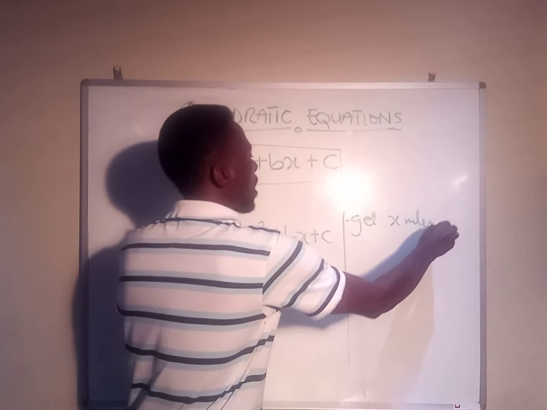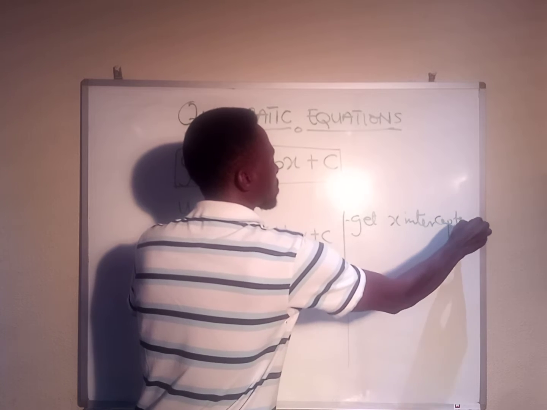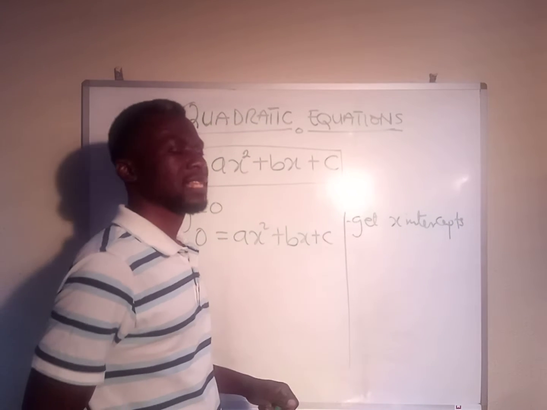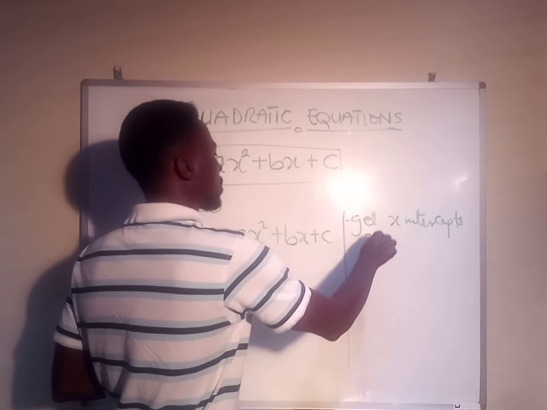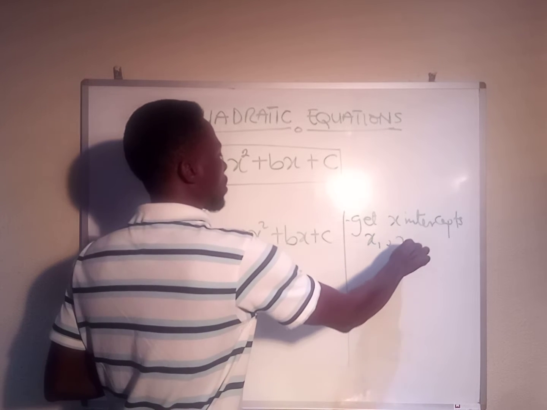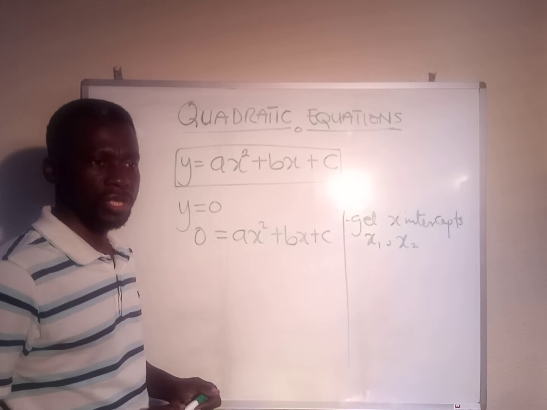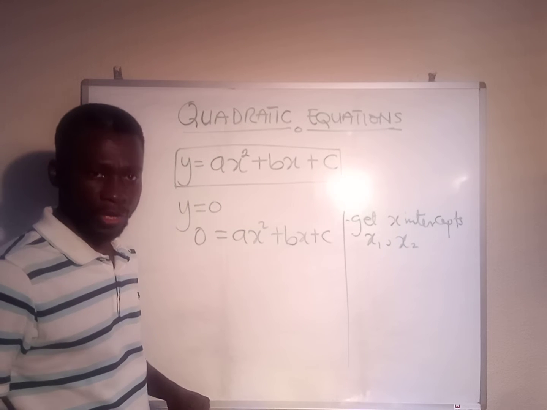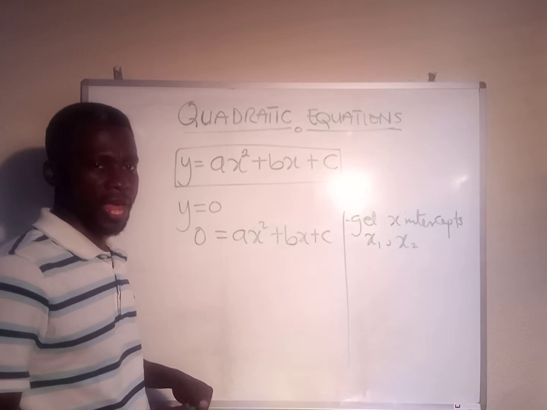We say intercepts in the plural because you are going to get two answers for x, x1 and x2. So whenever you solve a quadratic equation, you are going to have two values for x.